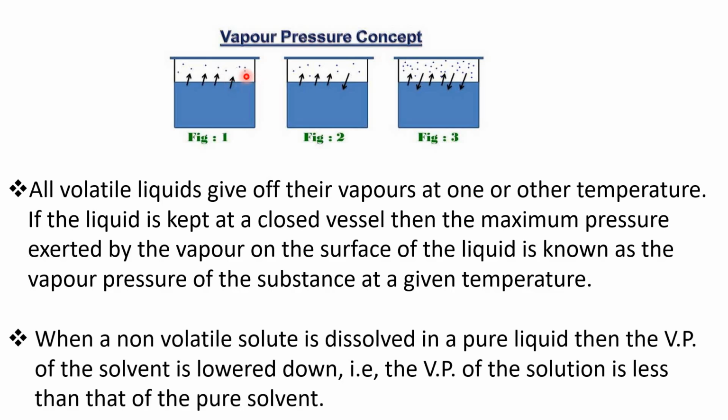Now, when a little bit of non-volatile solute is added to a volatile solvent, then the vapor pressure of the pure liquid decreases or is lowered. And this is known as the lowering of vapor pressure due to addition of non-volatile solute. That means the vapor pressure of the solution is less than that of the pure solvent.